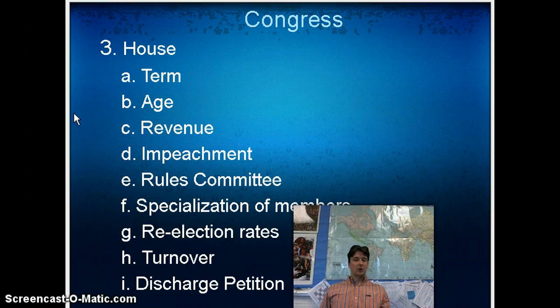That's a majority of 435, because half of 435 is 217 and a half, so it's 218. If they get 218 signatures, the bill is kicked out of committee and it goes immediately to the floor.